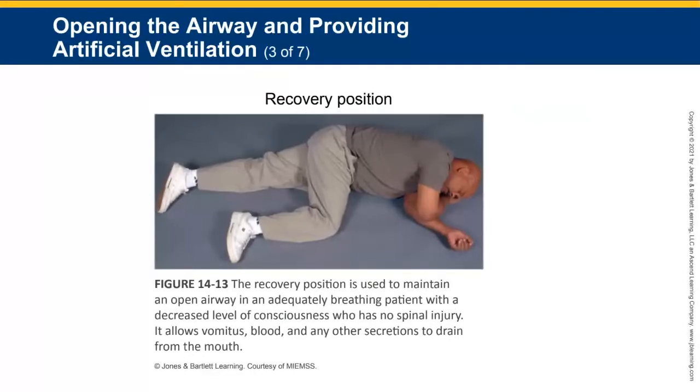And this slide depicts what the recovery position would look like. The recovery position is used to maintain an open airway in an adequately breathing patient with decreased level of consciousness who has no spinal injury. It allows vomitus, blood and other secretions to drain from the mouth.